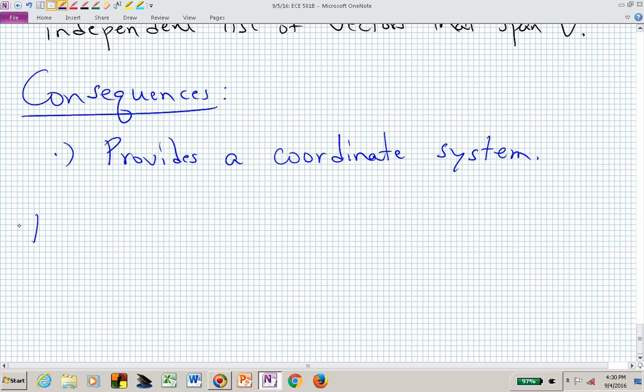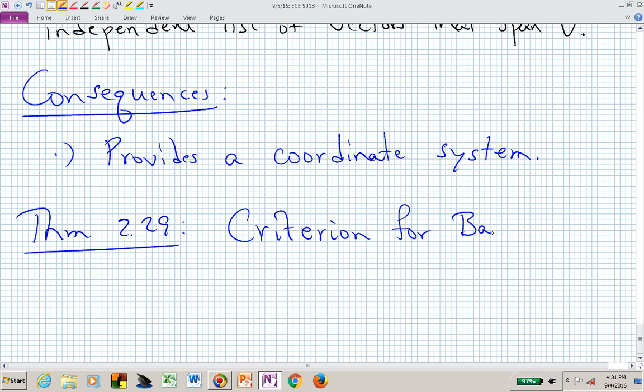Let's look at Theorem 29 in Chapter 2. And that is given this heading of criterion for a basis.